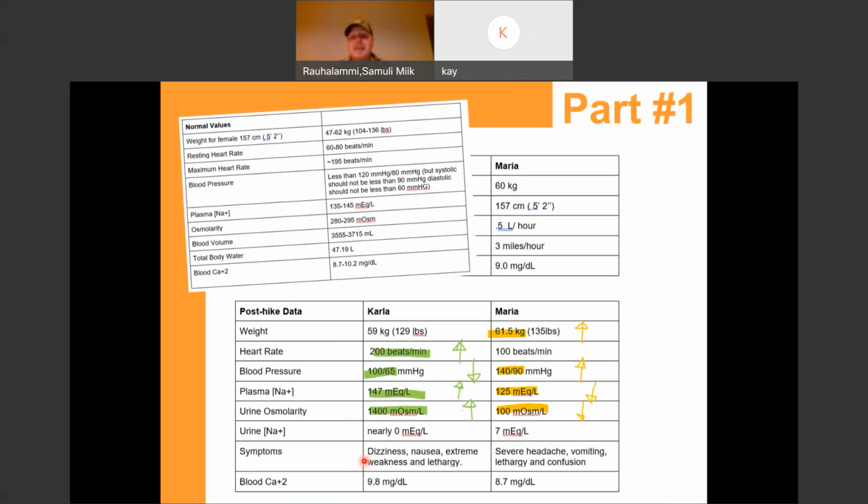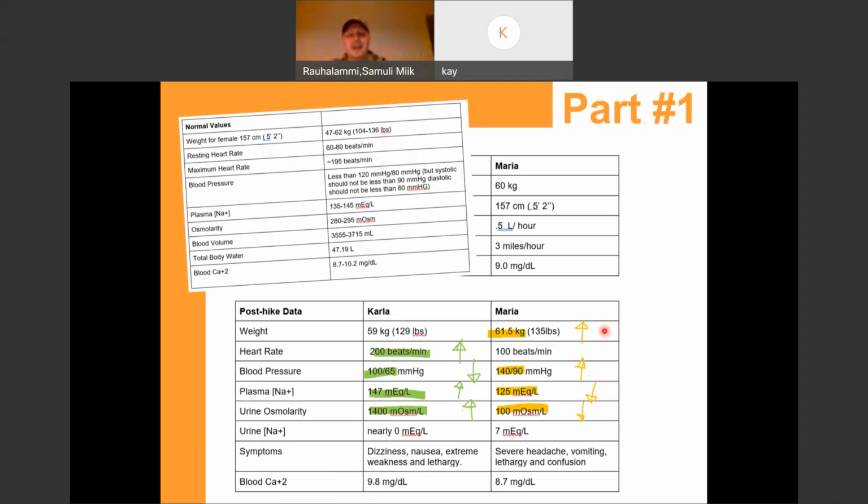Let's have a look at what we can see for Maria. What's interesting with Maria is that if we look at her weight, it seems almost like Maria gained extra weight during a day-long, 8-hour hike. That doesn't make sense. You're not going to build that much muscle in 8 hours.